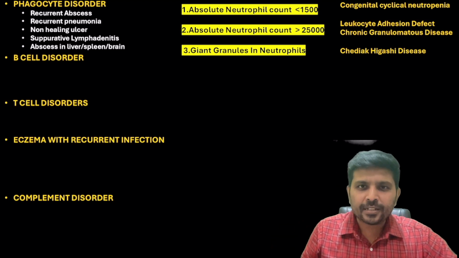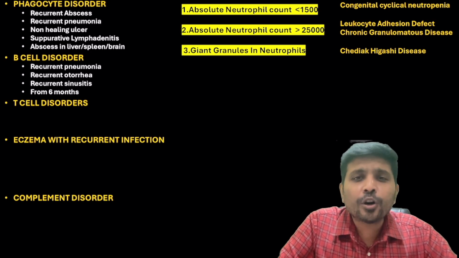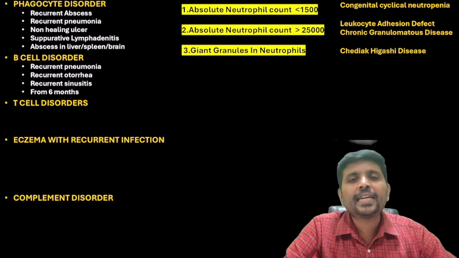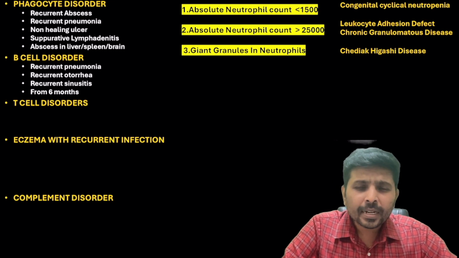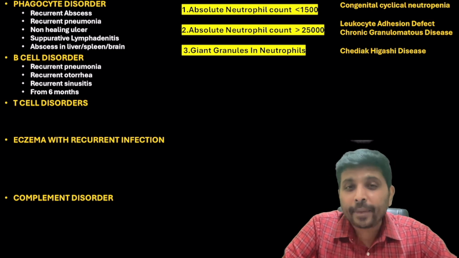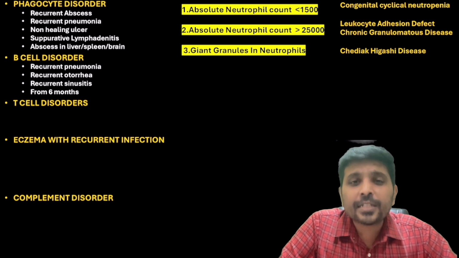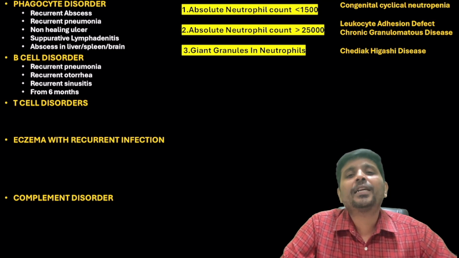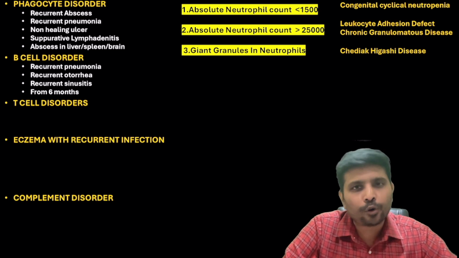Then comes your B-cell disorder. Your B cell is mainly meant for immunoglobulin production, that is antibodies, GAME. These antibodies are mainly meant for defense against polysaccharide microbes with polysaccharide capsules, that is Haemophilus influenzae and pneumococcus.